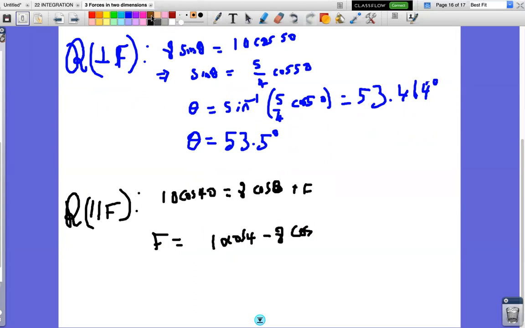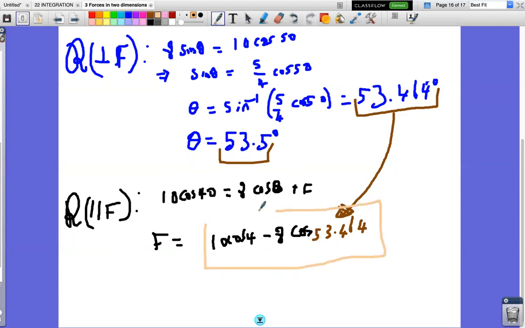Now, one interesting thing, why did I first give this value to more decimal places? Because I knew I'm going to use it next. So I should use this one that is more accurate or more precise than this one. If I use this one, I'll get a more accurate value. So this will be 8 cos 53.464, which I don't think I should spend time calculating.